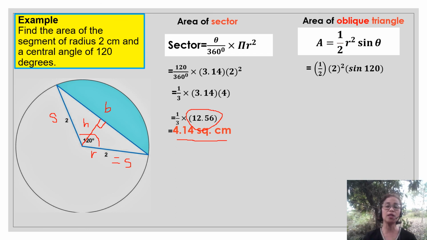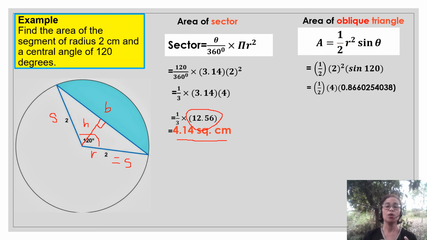In this case, you really need a scientific calculator to solve for sine 120 degrees. The value of sine 120 degrees is 0.866025438. You can press all of this in your calculator and get an instant answer without writing them.